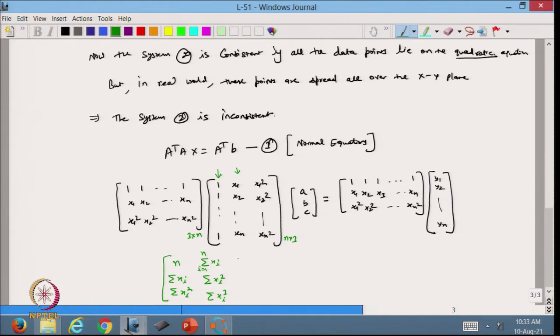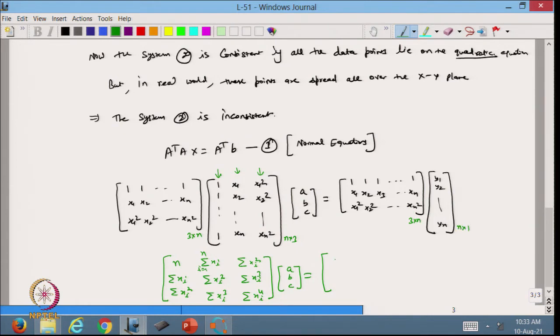Similarly, now I am taking the third column. So, it will be summation xi square, xi cube, and this will be summation xi power 4, and this is a b c. And on the right hand side, this is again 3 cross n, and this is n cross 1.